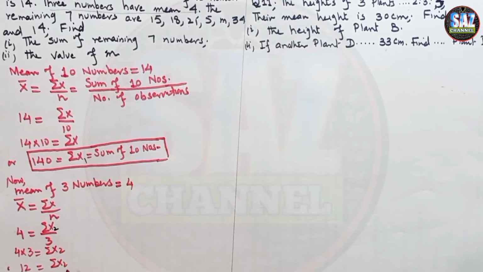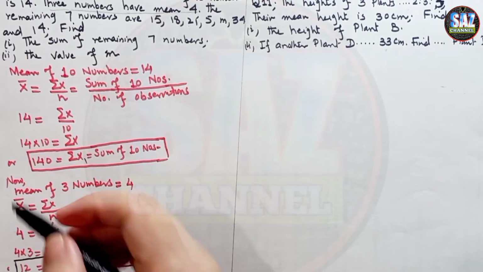And what is summation x2, students? This is the sum of three numbers. Now see, the question says in the first part, sum of remaining 7 numbers. How to find it?